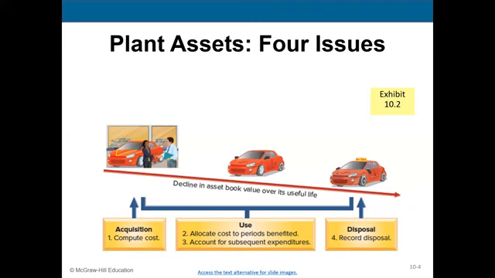In reality, the way it works is that the government tells us how long things last. For example, a vehicle, according to the government, might last about 7 years. Okay, so its useful life would be 7 years. Although we know we're going to use it longer than that, right?